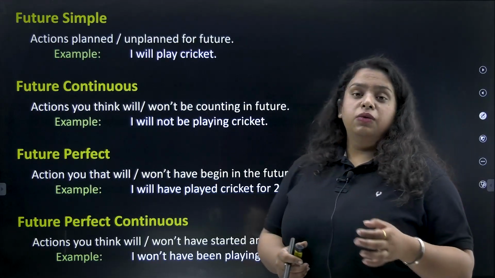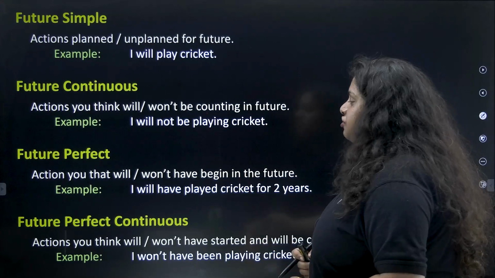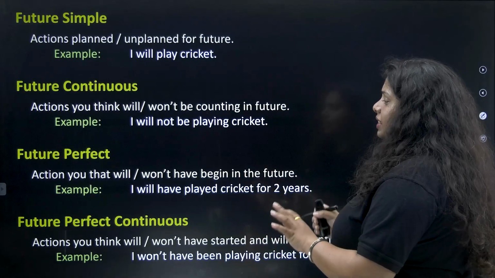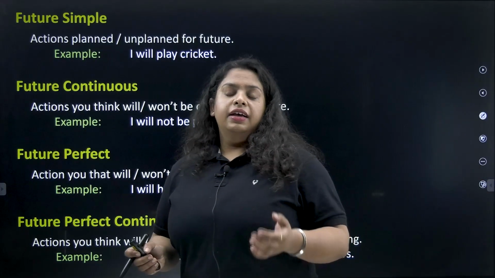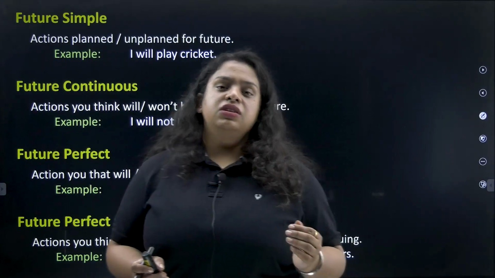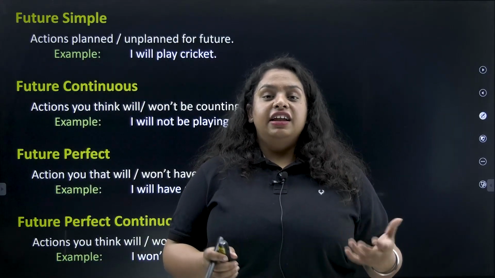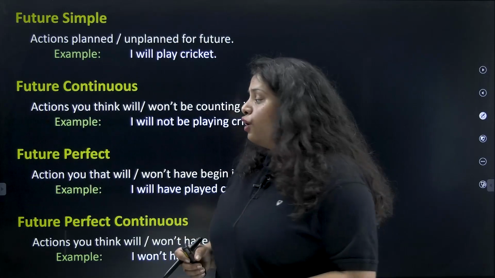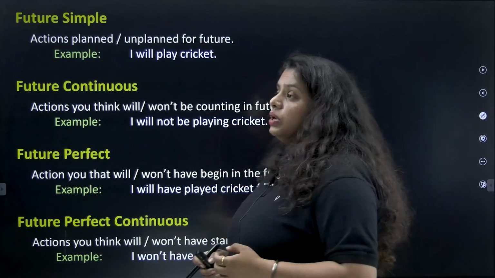Now let's see the rule for making future perfect. Here it says the action that will or won't begin in the future. All right. So here we predict about an action which will or will not get extended, or will not take place in future. So for example, I will have played cricket for 2 years.